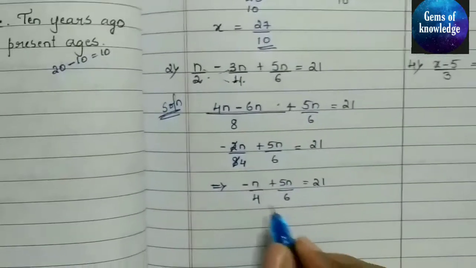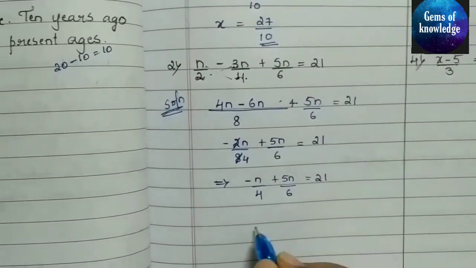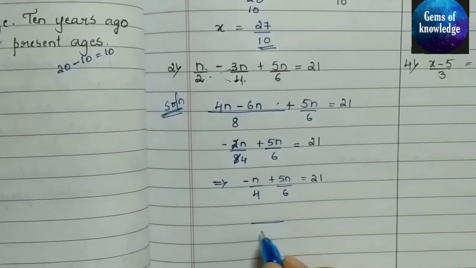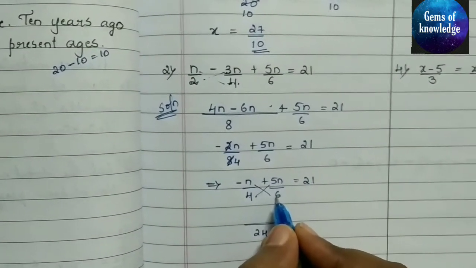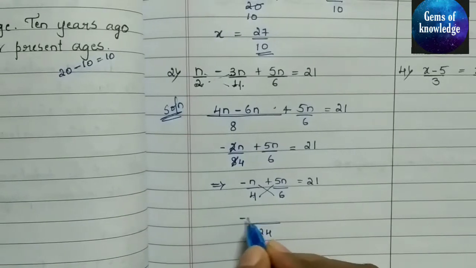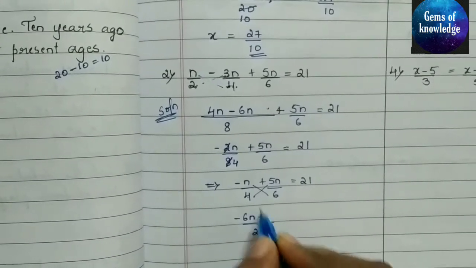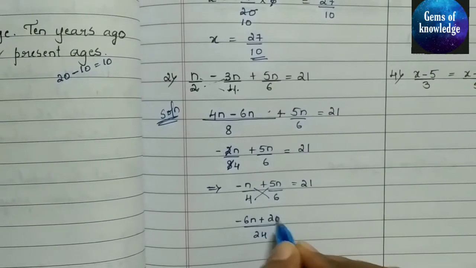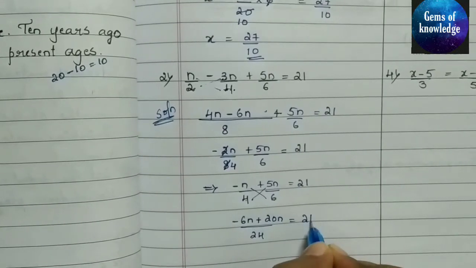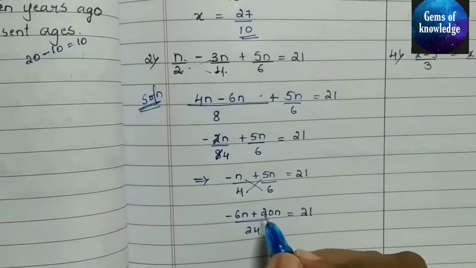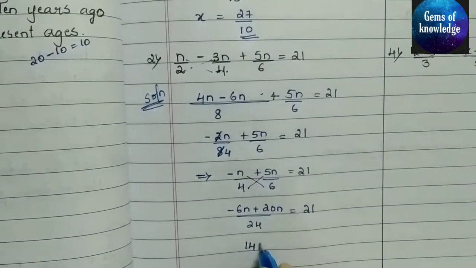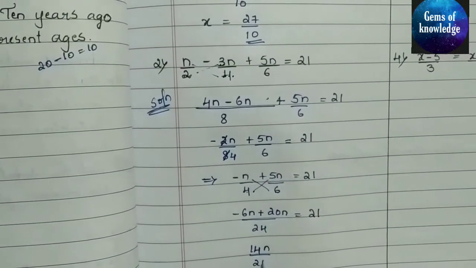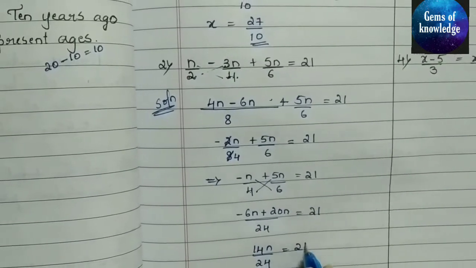Now we will multiply these 2 terms. So we are getting 6 4s are 24, and again we will cross multiply. So 6 into minus n is minus 6n plus 4 5s are 20n, equals 21. So when we subtract 20 minus 6, we get 14n by 24, equals 21.